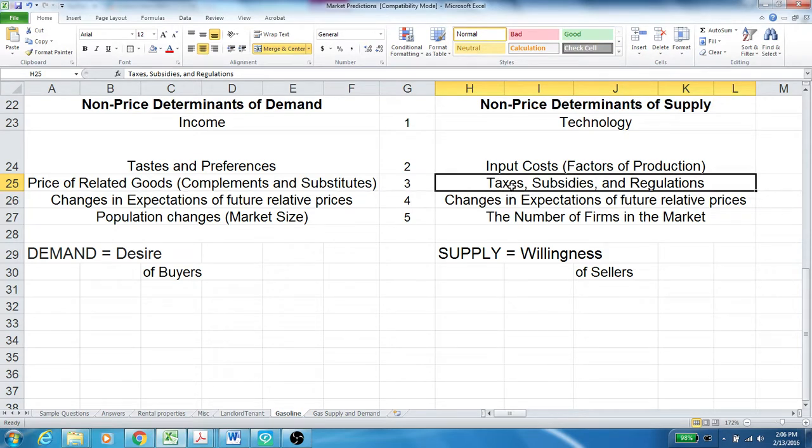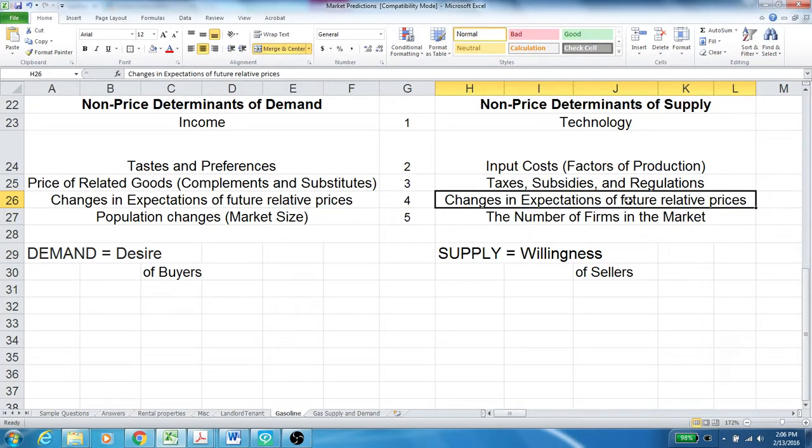Taxes generally cause a shift to the left. Regulations, when they are imposed, cause shifts to the left in supply. Regulations, when they're removed, will cause a shift to the right in supply. Changes in expectations: if expectations are good for the future, then suppliers will increase supply. And if suppliers are expecting a downturn in the economy or the market, then they will reduce supply now.